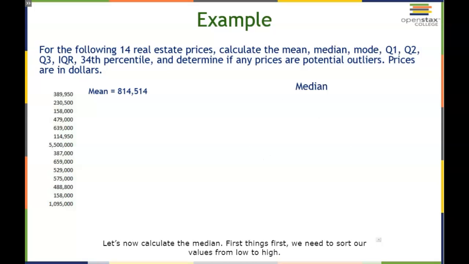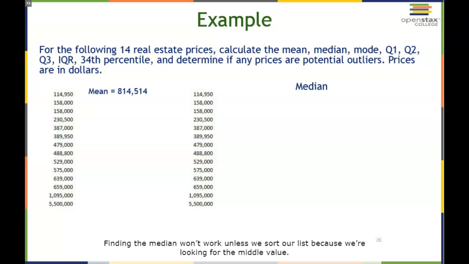Let's now calculate the median. First things first, we need to sort our values from low to high. Finding the median won't work unless we sort our list because we're looking for the middle value. Now with a list of 14 values, there's not going to be a middle value. We will have two middle values.